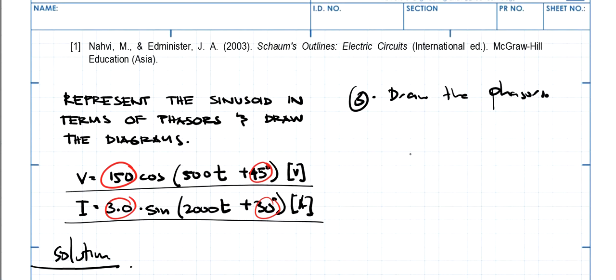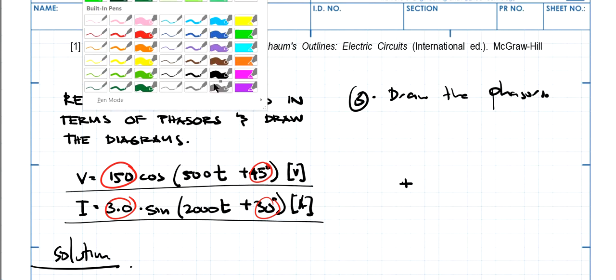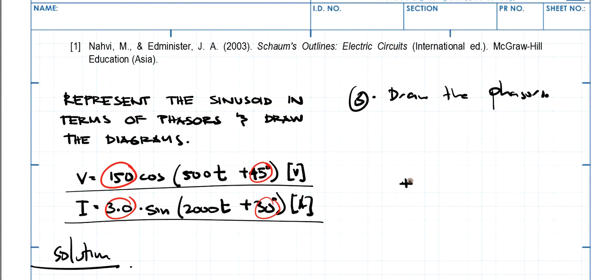Okay, so 150, that's the length. Here's our phasor. Plus 45, so here's 150, and the angle is 45 degrees. This will be V.